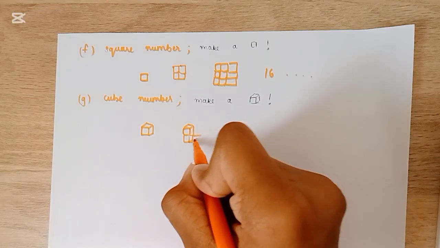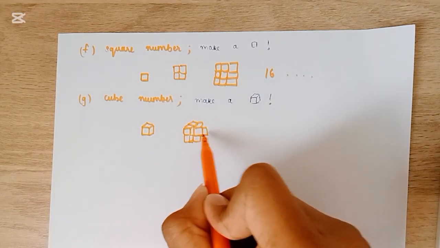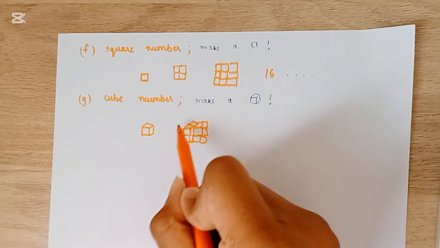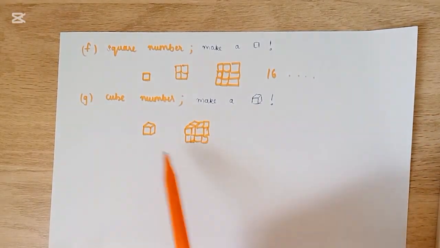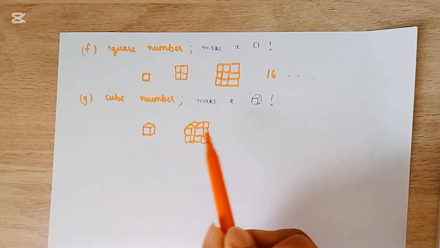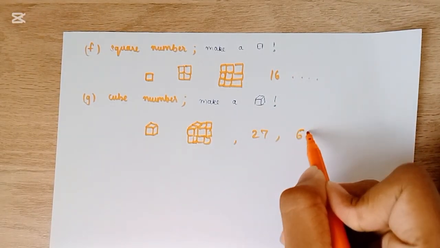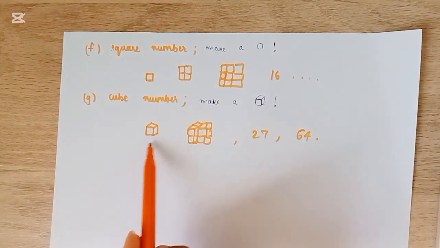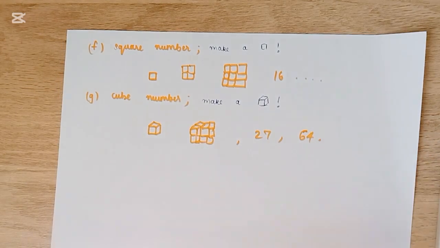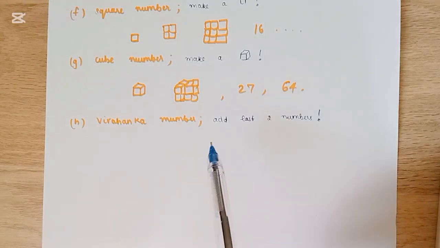Imagine 4 over here like this, and then backwards also 4. So that's how you make 8. That's how you make a cube with 8 digits. So whenever a group of numbers can make a cube, it is called the cube number pattern. 1, 8, 27, 64, etc.